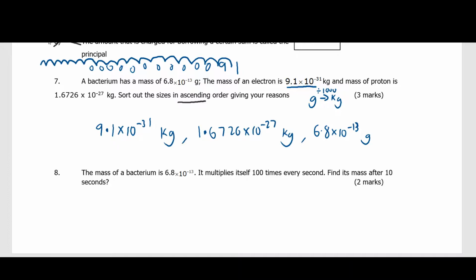So when we divide by 1,000, this number becomes 6.8 times 10 to the negative 13, negative 14, negative 15, negative 16. It's still the bigger number because this decimal point only goes back 16 spots.